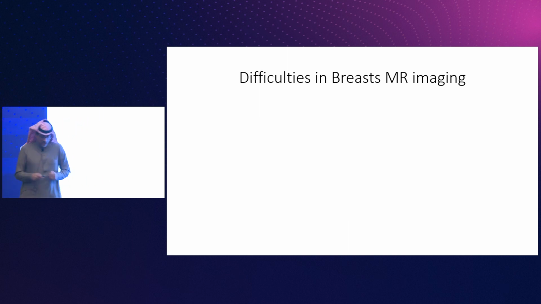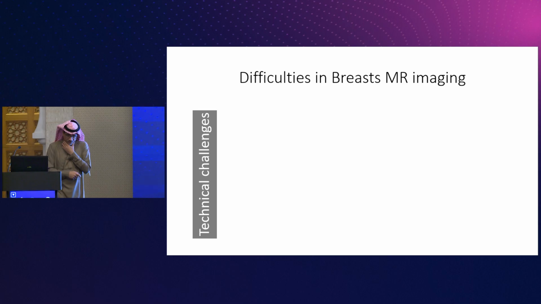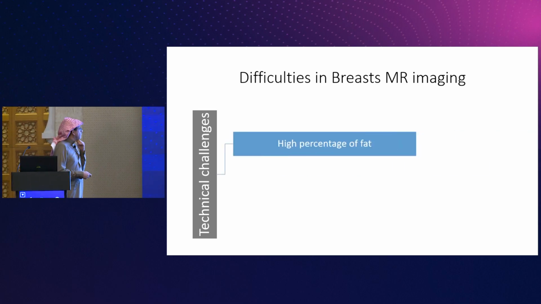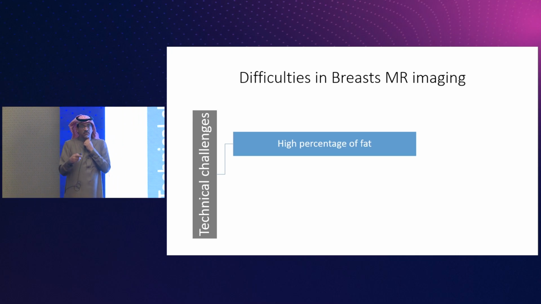What are the difficulties we might encounter in breast MRI? High percentage of fat. So what does that mean? We need very efficient fat sat, not partially suppressed. You know how many times I repeated fat sat? It's essential.